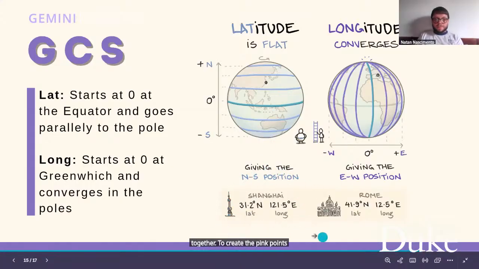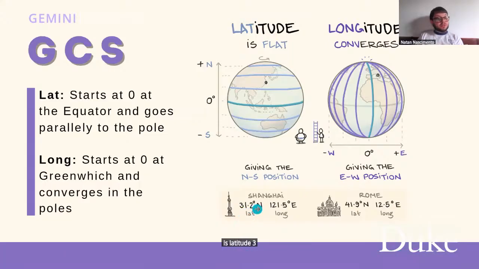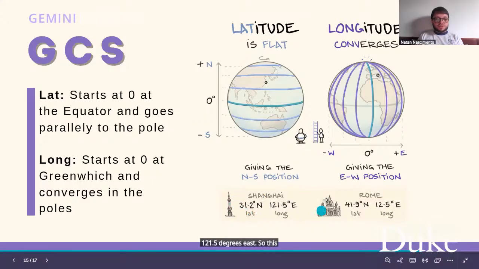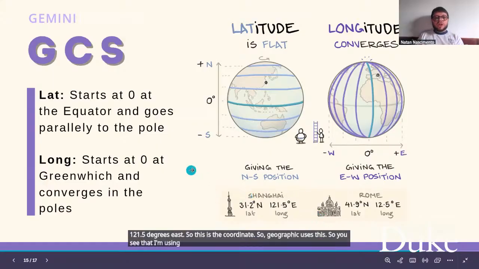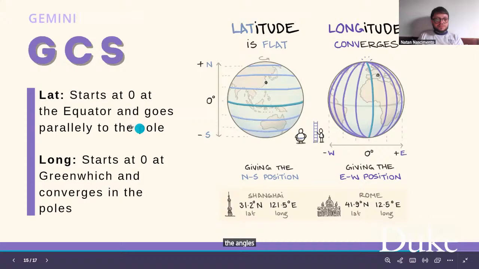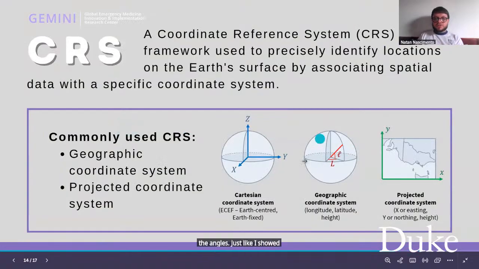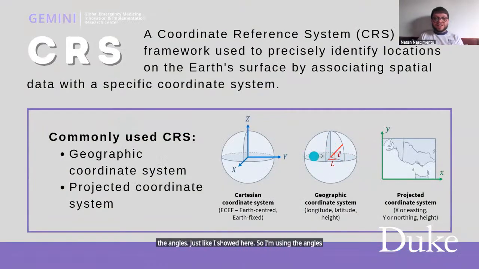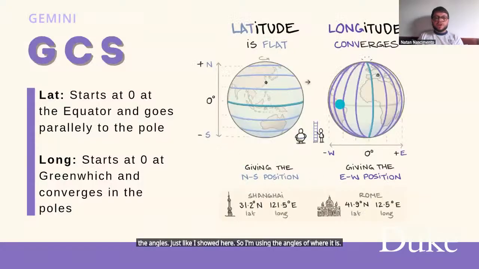Like Shanghai is latitude 31.2 degrees north and longitude 121.5 degrees east. So this is the coordinate. So geographic uses this. You see that I'm using the angles, just like I showed here. I'm using the angles of where it is. I'm not using a paper.